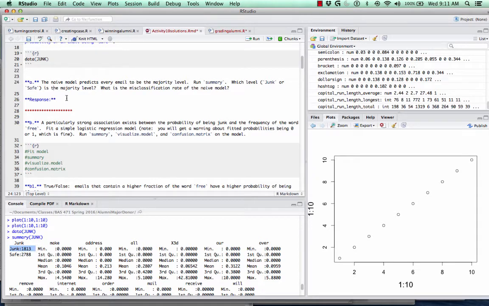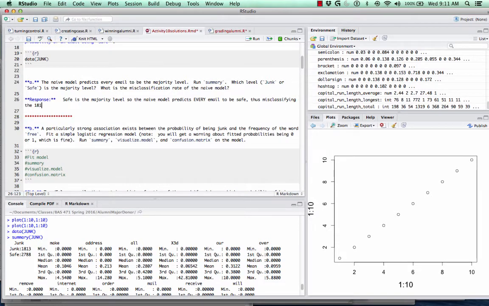So we can talk a little bit about the misclassification rate of the naive model. Safe is the majority level, so the naive model predicts every email to be safe, thus misclassifying the 1813 junk emails in the data set.